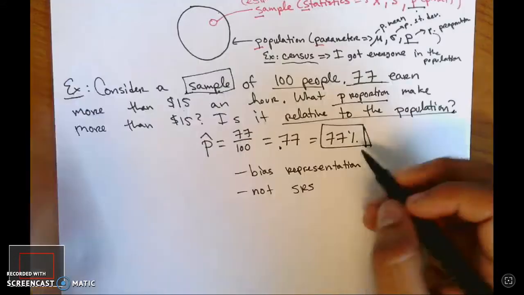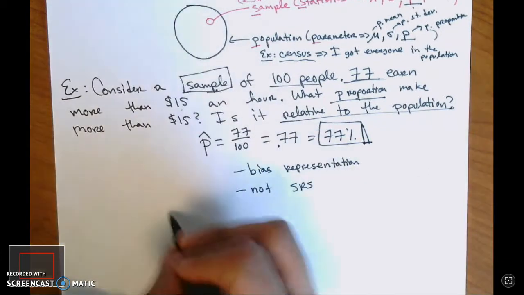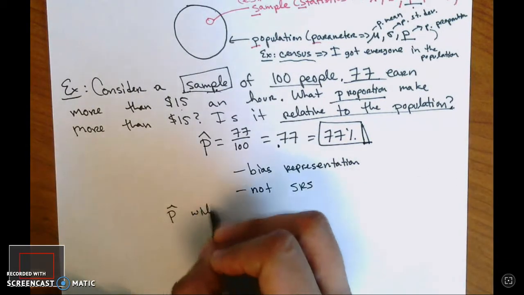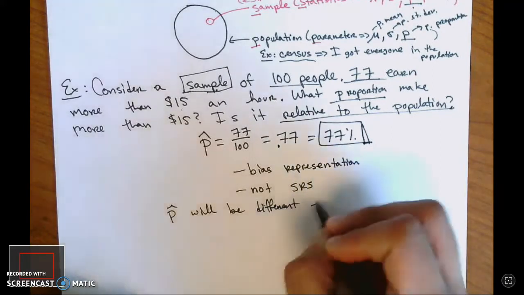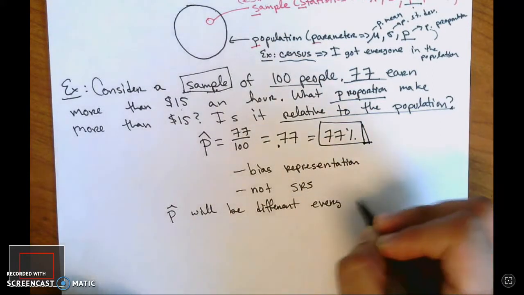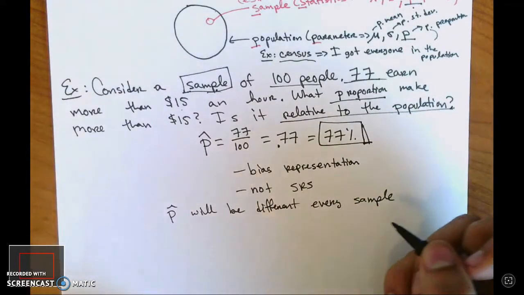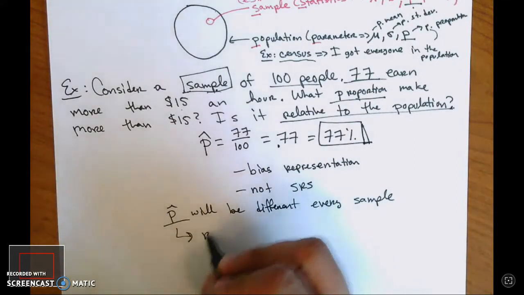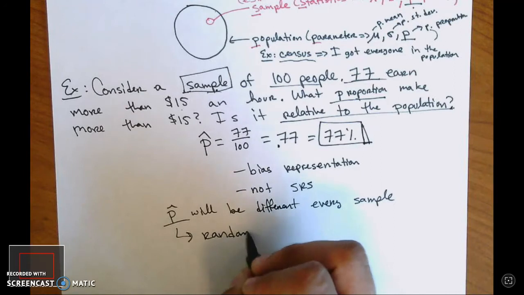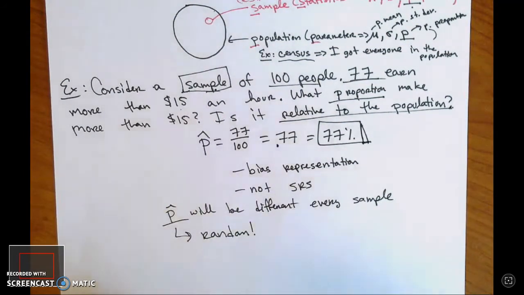So this means that our p hat, regardless of whether this was biased or not, will be different every sample, which makes sense, right? Every sample I'm going to have a different p hat. So now that I know p hat is going to be different in every sample, this tells me that my p hat is going to be a random variable.